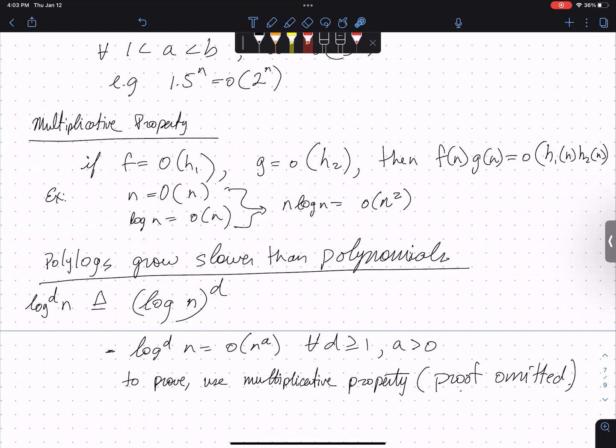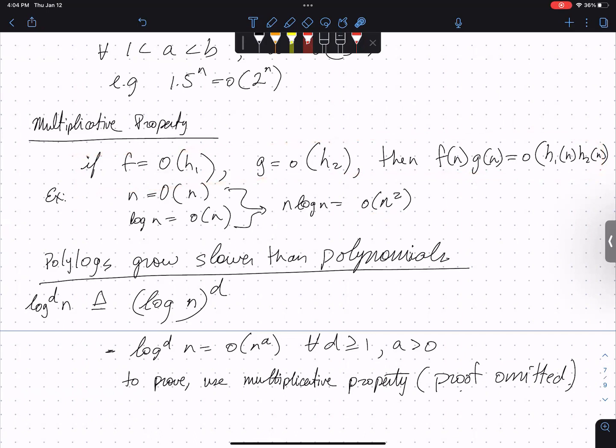Now, I want to put those facts together. I'm multiplying a function n by some other function that's growing slower than n. So I want to say that I'm getting something that's slower than n times n, that is, little o of n squared. Normally, I can't just say it. That's why this multiplicative property allows me to say that.